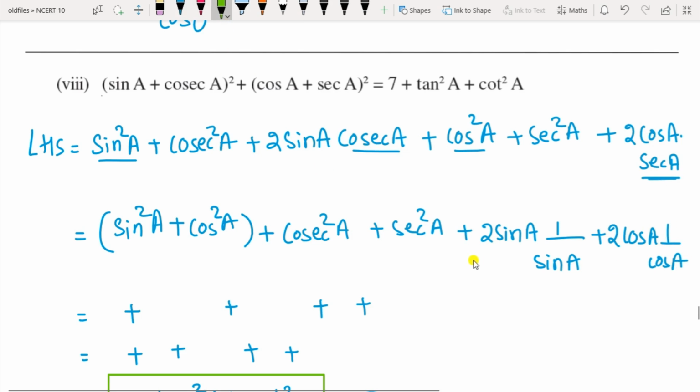Now this sin and cos will get cancelled here, and this bracket is equal to 1.